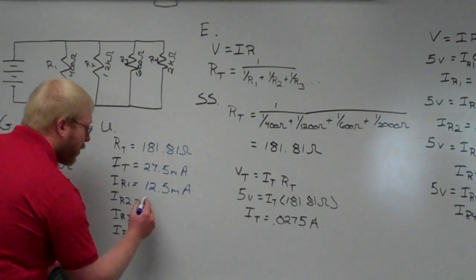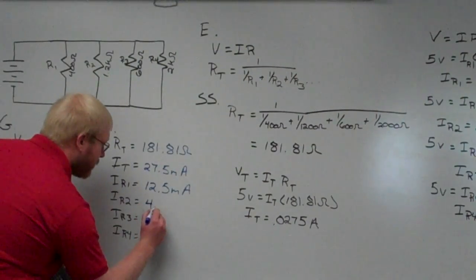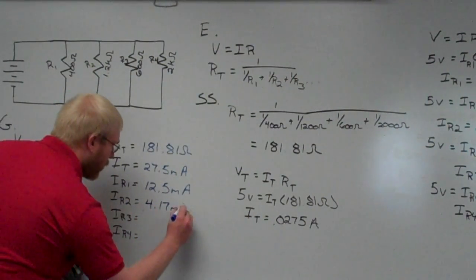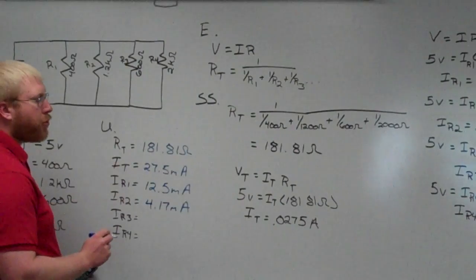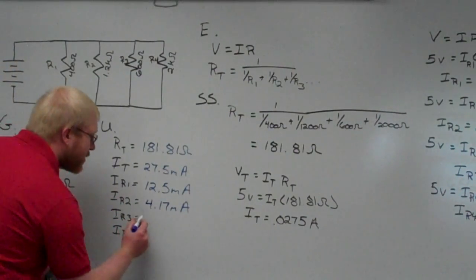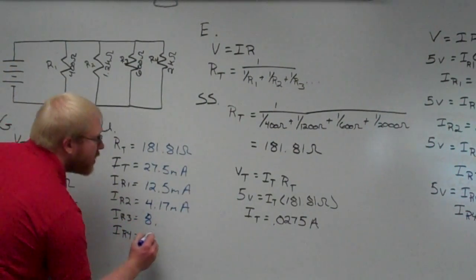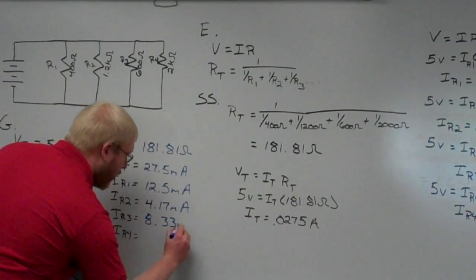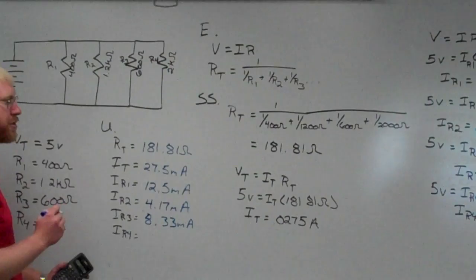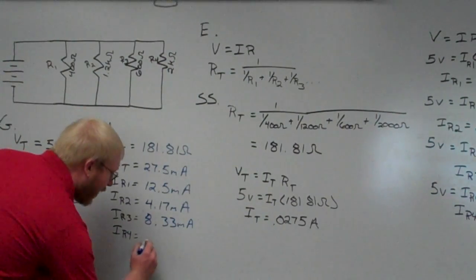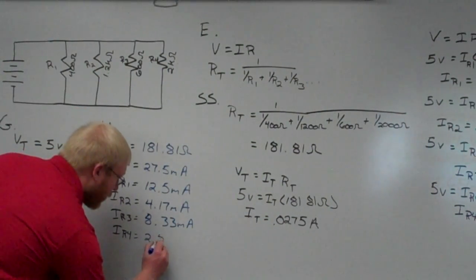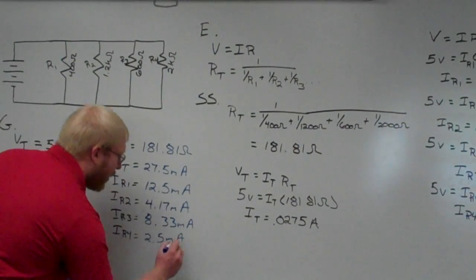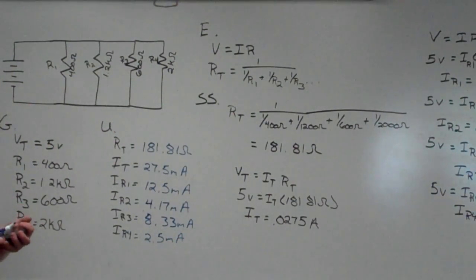Resistor 2 is 4.17 milliamps. Resistor 3, once again moving it 3 places, is going to give me 8.33 milliamps. And resistor 4 is going to give me 2.5 milliamps. Now, we've solved for all of our unknowns.